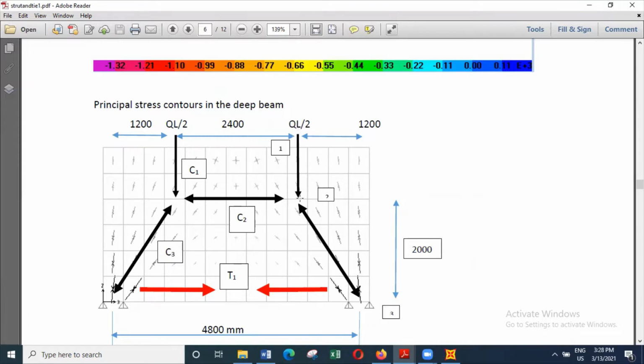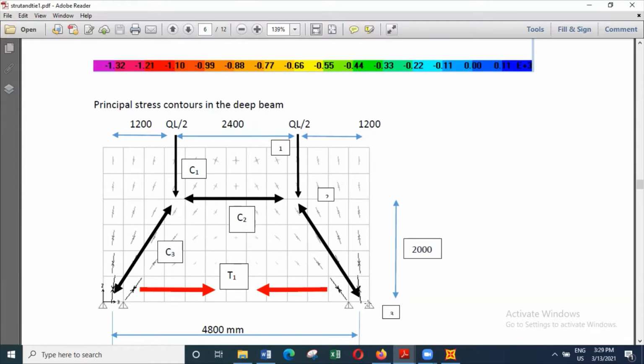to this level, and we consider this level about 0.6 to 0.7 times the effective depth. Because this is a deep beam, you'll find the effective depth and the total height may be almost the same.